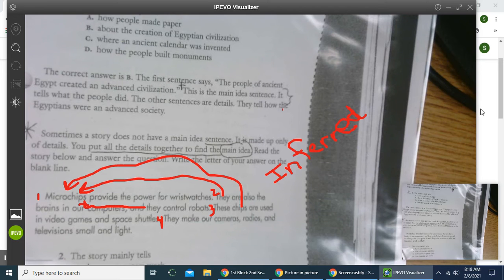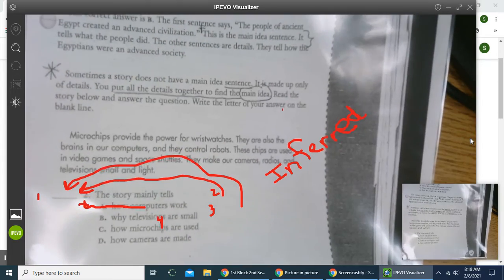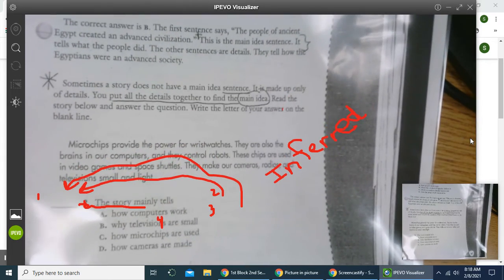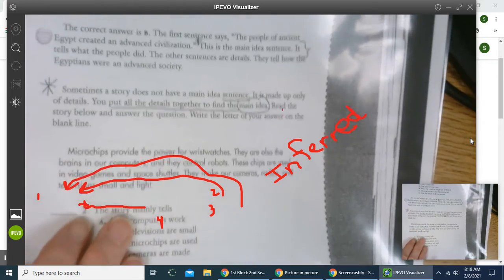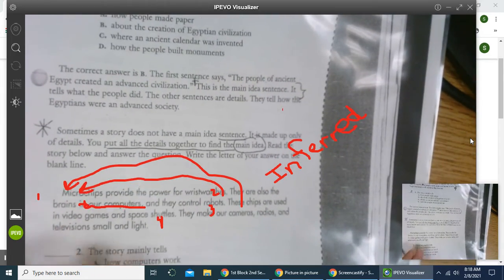So when you're looking down here and it is asking you what the main idea is about, I'm going to leave this up. It says how computers work, why televisions are small, how microchips are used, or how cameras are made.